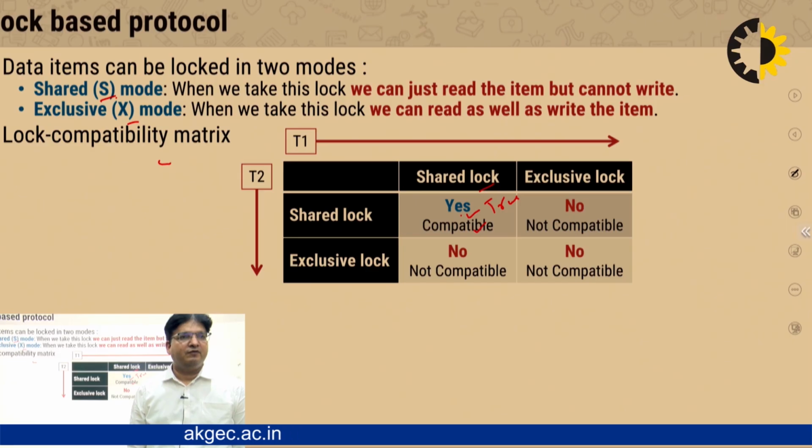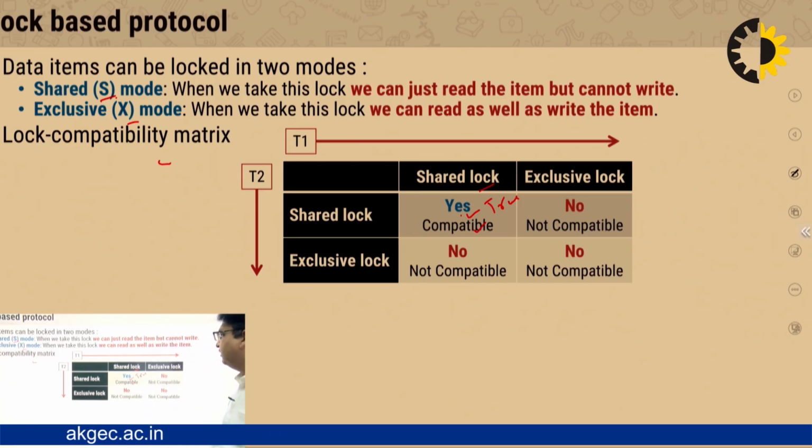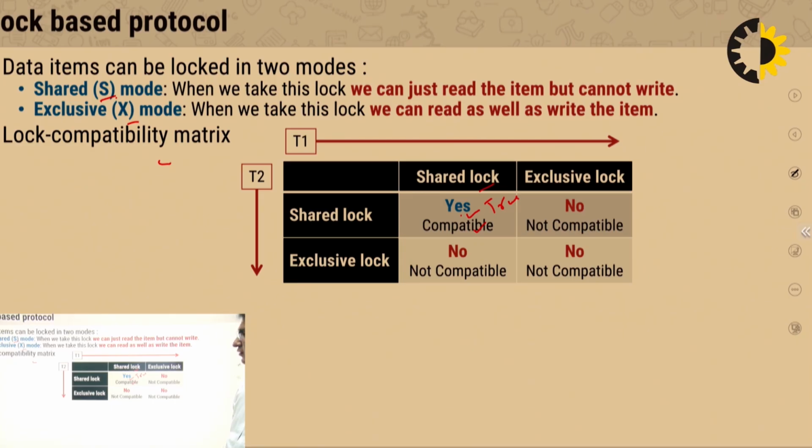Well, we should not allow this, because T1 is writing a value of data item X. If we permit T2 to read that value, it may not read a consistent value, because the value is in transit. Either it will be an intermediate value or some other value. So we cannot allow that to happen. That will be no, not compatible, or false.